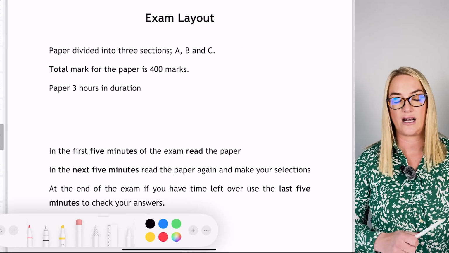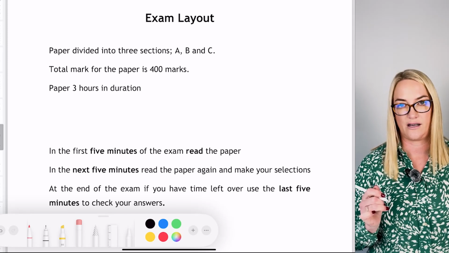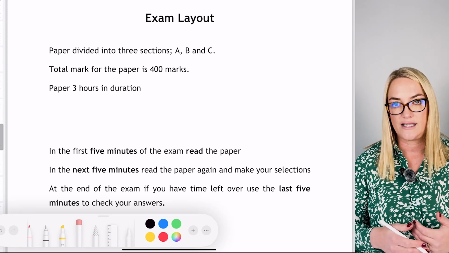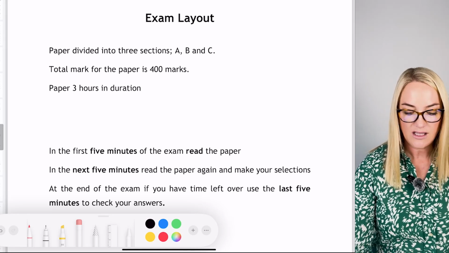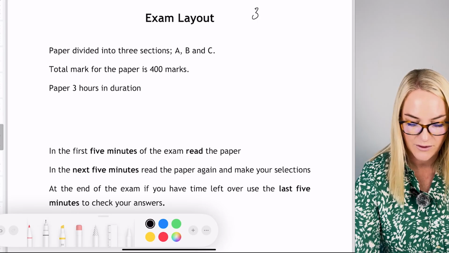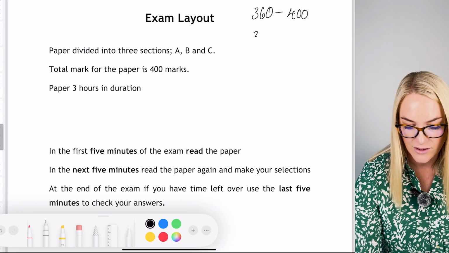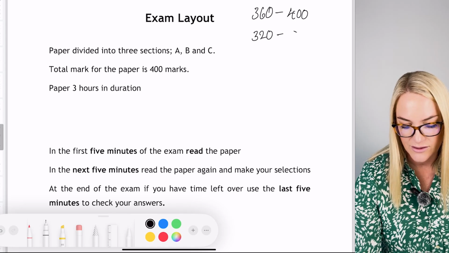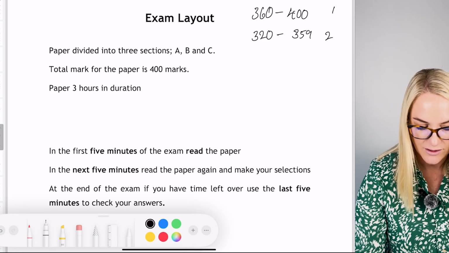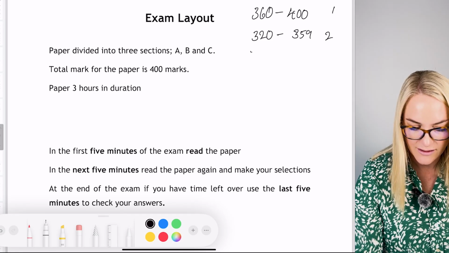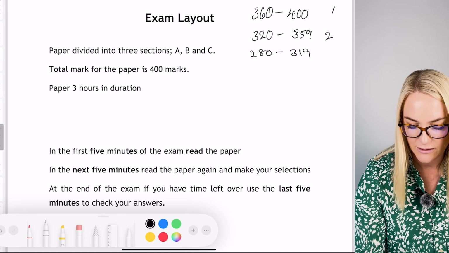You're going to see your H1, H2, H3, whatever it is, in August 2025. You're not going to see an actual percent, you'll see a number. The H1 will be from 360 marks to 400. An H2 is 320 to 359. My H3 is 280 to 319.